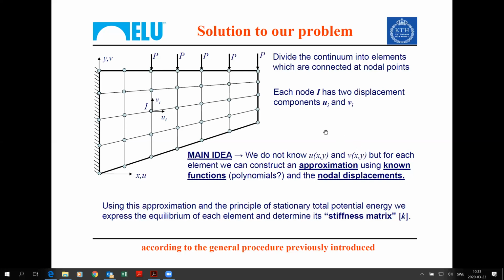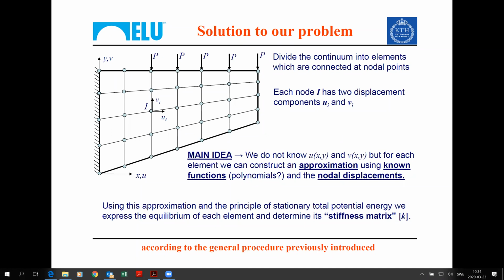And the main idea in constructing the stiffness matrix is the same as before. Within an element, we do not know how u and v will vary. So we don't actually know u of x and y and v of x and y. But for each element, starting with its nodal displacements, we can construct an approximation using known functions and the nodal displacements.